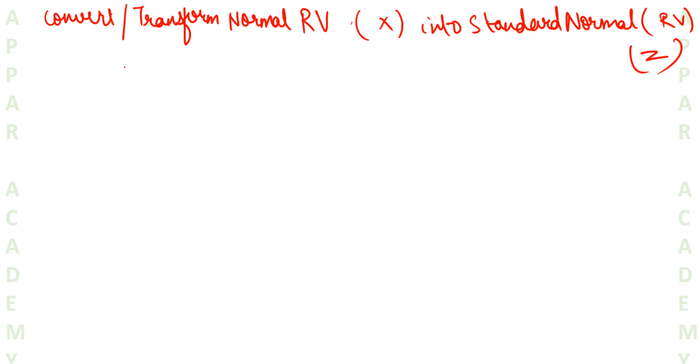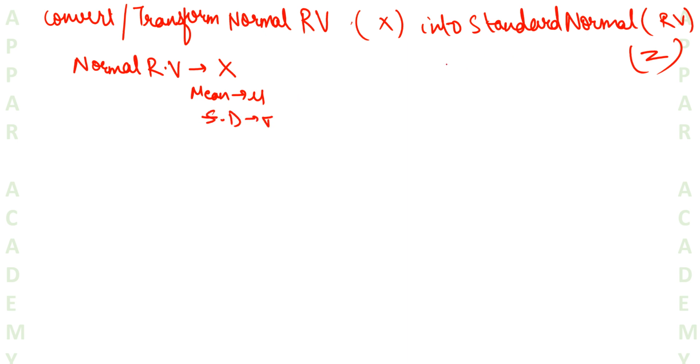First of all, let's just describe a few terms. Normal random variable be expressed as x with mean mu and standard deviation as sigma.